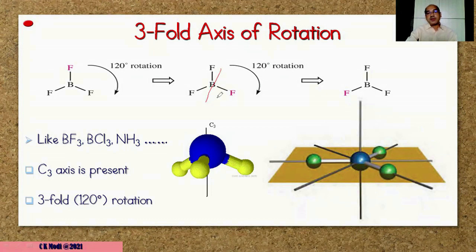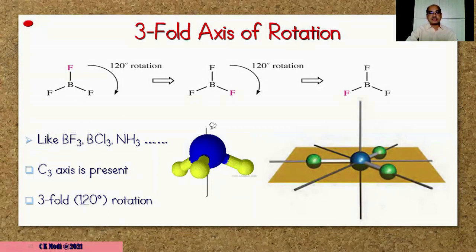Again, on the same axis, look at this axis. If we perform another operation, after 120-degree rotation, this fluorine comes over here, this fluorine comes over here, and this fluorine comes over here, and we are getting the equivalent structure. So all these structures are equivalent. Therefore, this molecule has an axis of rotation which is situated on the Z-axis.